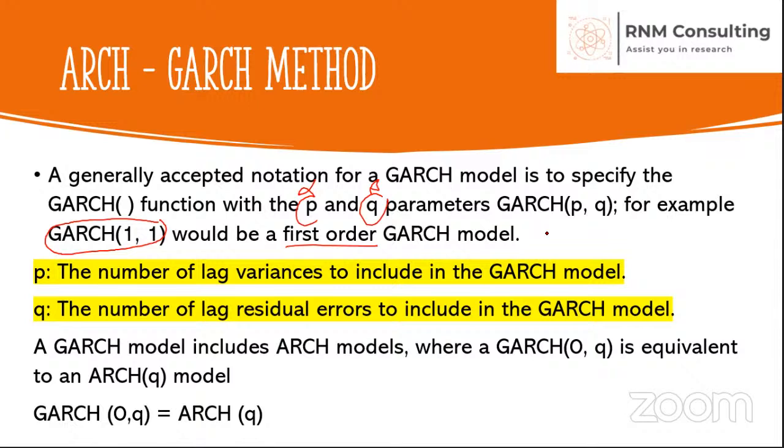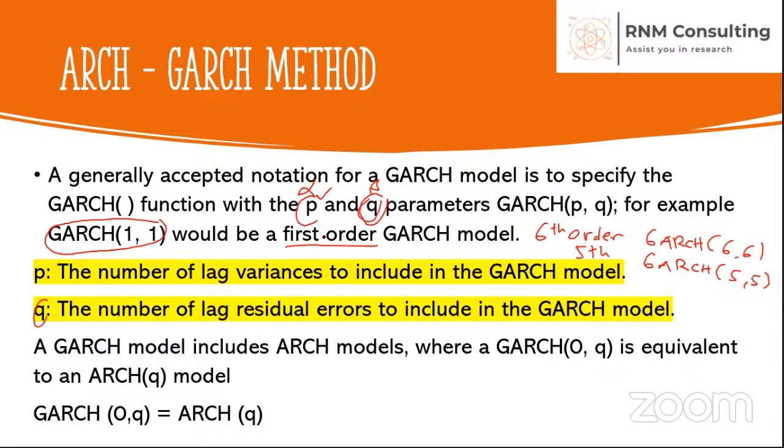If it is the sixth order, they will put GARCH(6), or fifth order is like GARCH(5), and so on. So p is the lag of variance included in the GARCH model. P is for the variance, and q is for the lag residuals. So this is a combination.